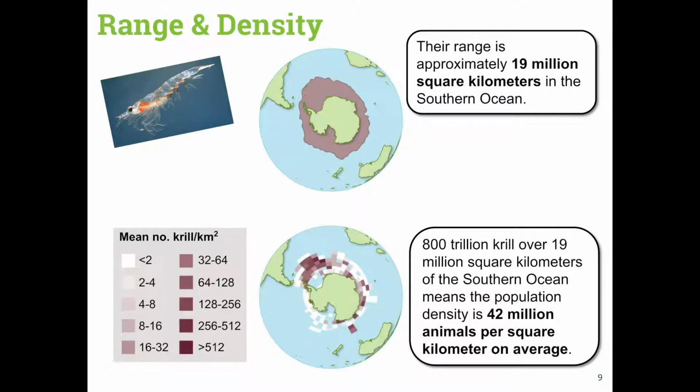To determine a population density, we need to know how many individuals we have and the space where those individuals are kept or have access. In effect, population density tells us how crowded or dispersed the individuals are. For krill, 800 trillion animals are spread over 19 million square kilometers, which gives us a density of 42 million animals per square kilometer.